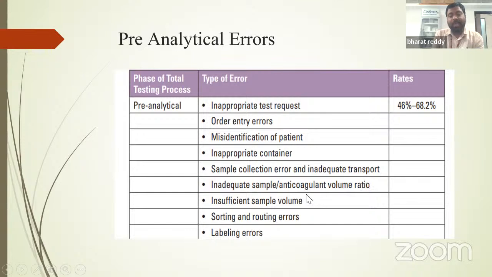Then insufficient sample volume. They request a larger number of investigations and send very little sample. It is also a pre-analytical error. Then sorting and routing errors, and labeling errors. These labeling errors also constitute a major part of the pre-analytical errors.